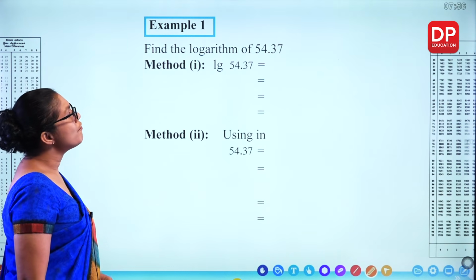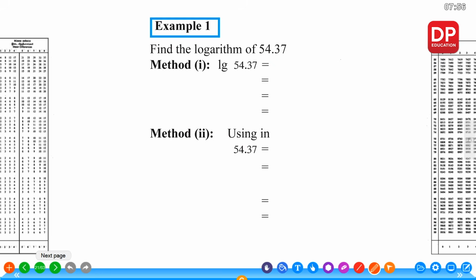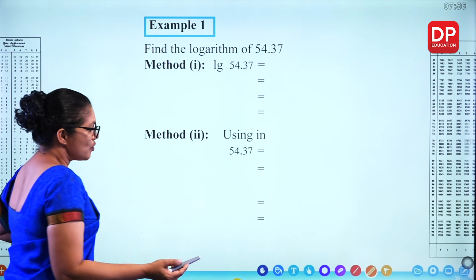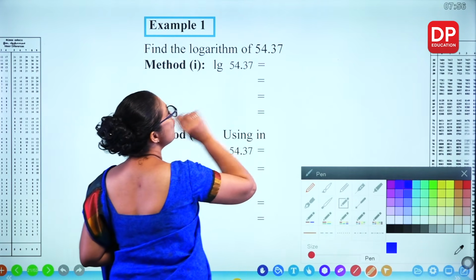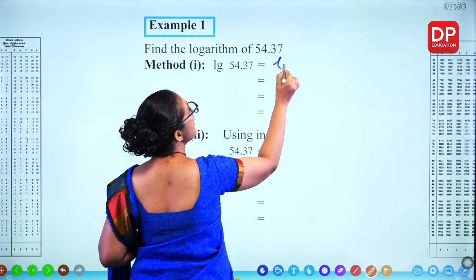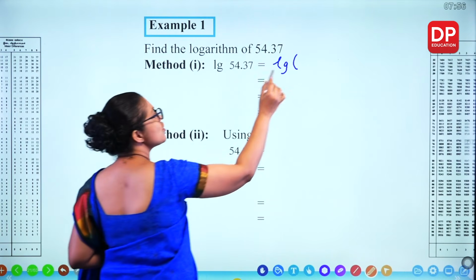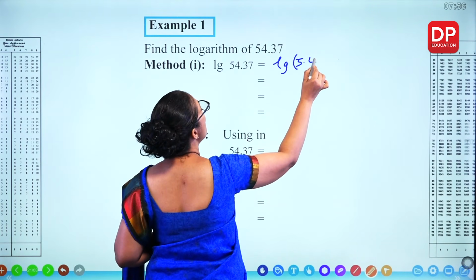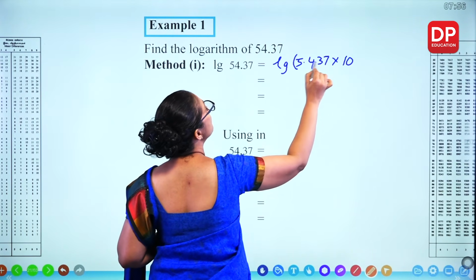Example 1 in your textbook. Find the logarithm of 54.37. So here we'll use two methods. We'll use laws of logarithms first. 54.37, how can I write? I can write in scientific notation 5.437 times 10 to the power 1.